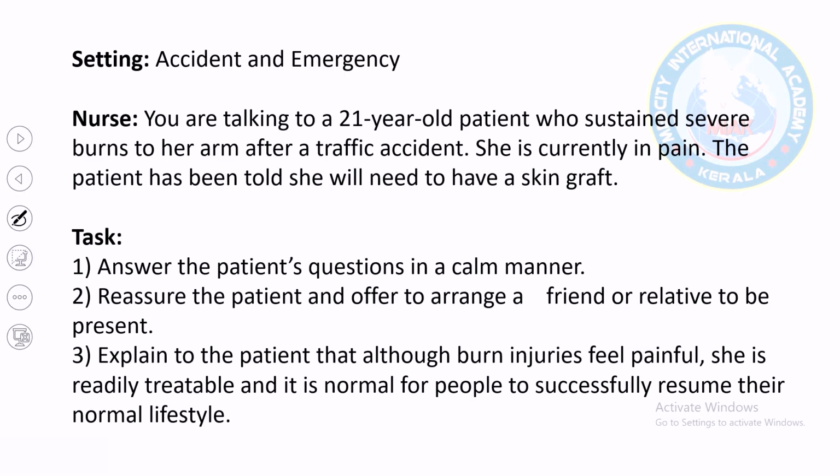Alright, so what you see on screen is a role card. There are 3 sections to this particular role card. The first one is the setting. The second part of your role card is given under the heading Nurse, and this is nothing else but the background information.